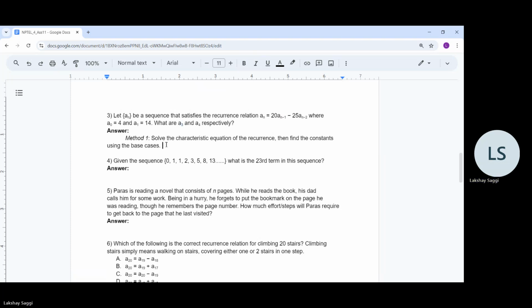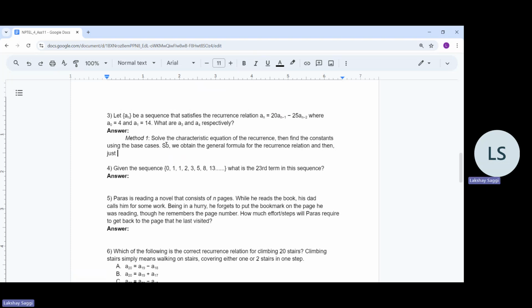So we obtain the general formula for the recurrence relation, and then just plug n equals to 3 and n equals to 4 in the formula.